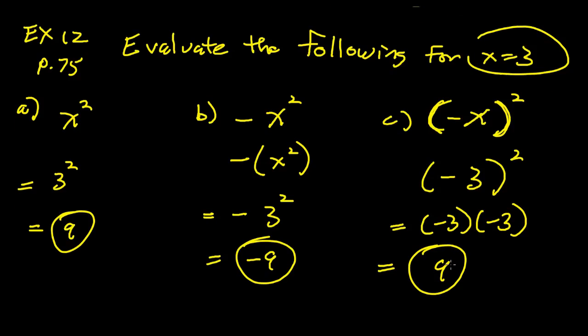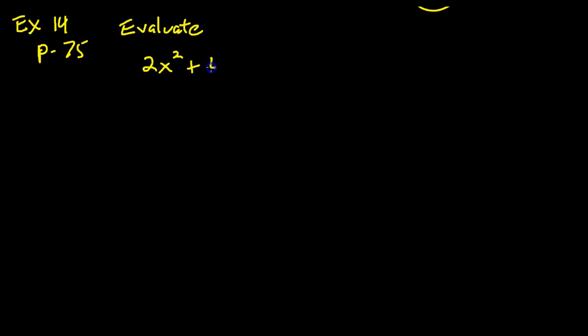Two more for the day. Let's look at example 14 on page 75. A little nastier expression here. Evaluate the following expression. 2x squared plus 4x plus 1 for this value of x.